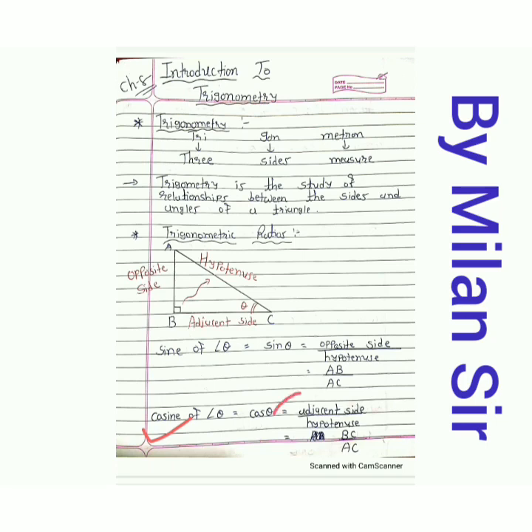Now cos theta is the ratio of adjacent side to hypotenuse. Adjacent side BC upon hypotenuse AC. Okay, so we need to remember this formula.